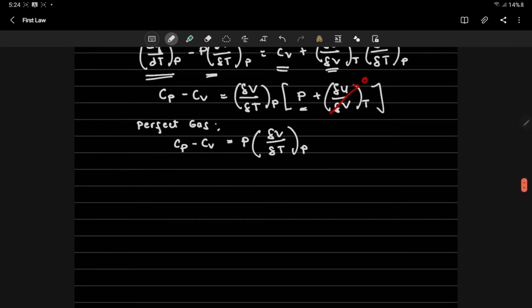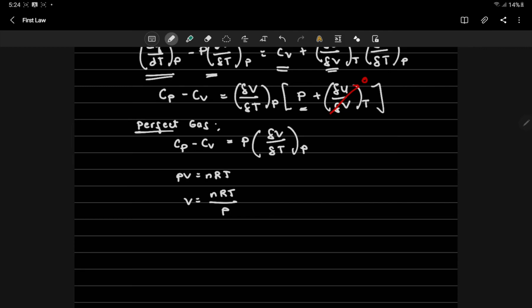Okay. Now, again, pinag-uusapan natin is ideal gas or perfect gas. And the equation of state that governs the ideal gas is yung PV equals nRT. So, if I want to calculate the volume, magiging nRT over P yan. Okay?